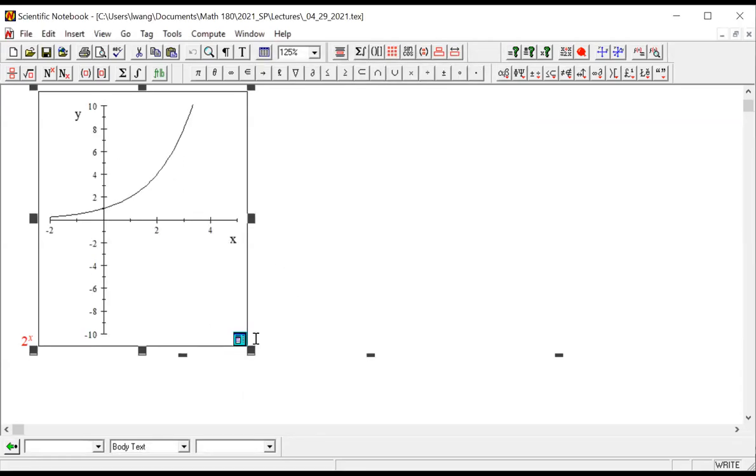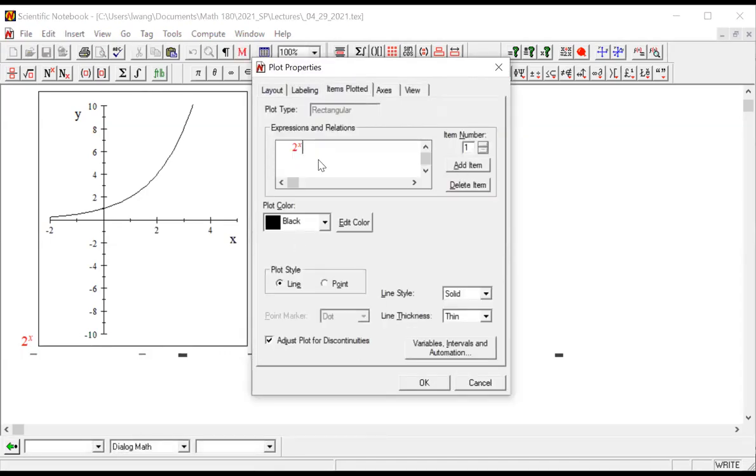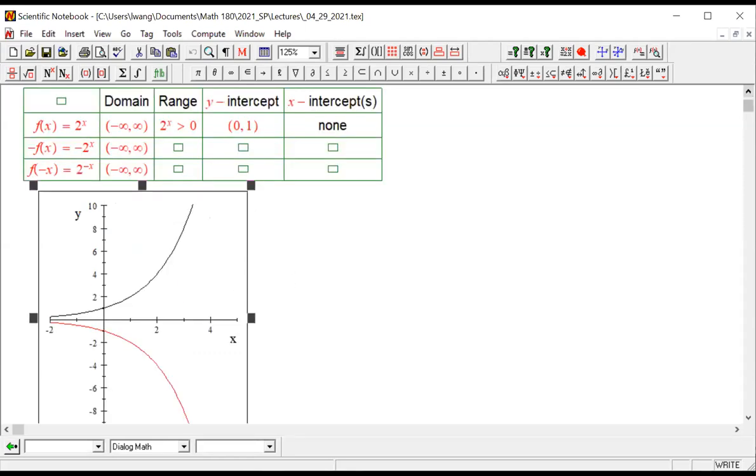This is 2 to the power x. Negative 2 to the power x is easy. It's just a reflection over the x-axis, and we're going to use red to show that. So this is 2 to the power x, and this is negative 2 to the power x. How about 2 to the power negative x?